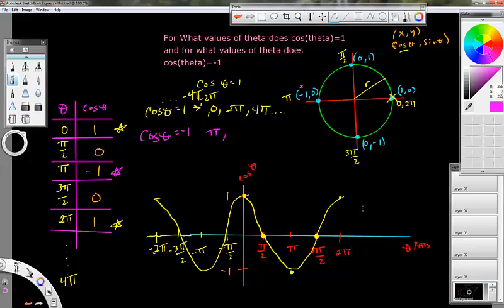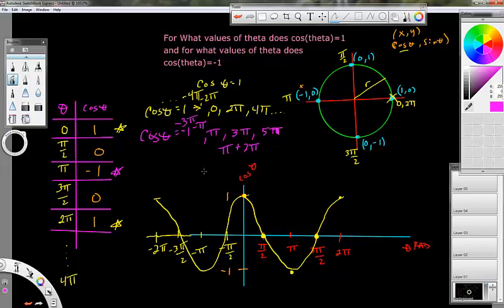What do you think? 3 pi, 5 pi, and I think you get the idea now. It's going to be every interval of 2 pi. So in other words, pi plus 2 pi, and then plus 2 pi, plus 2 pi, or minus 2 pi. So we could also say negative pi and negative 3 pi and so on.